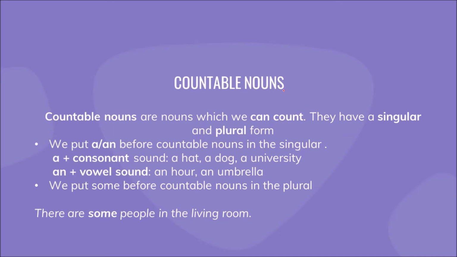Countable nouns, as we know by the word itself, are nouns which we can count, and therefore they have a singular form and a plural form, like one teacher, two teachers, etc. Before the countable nouns in the singular form, we put the articles a and an, which these two have the meaning or the connotation of the word one.